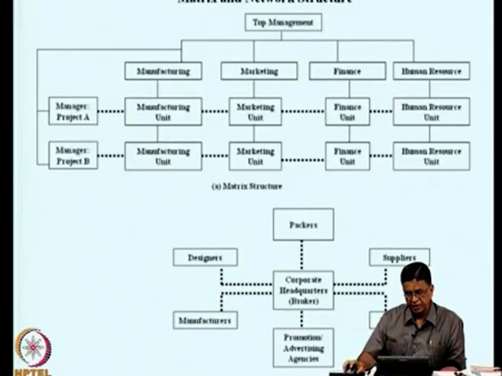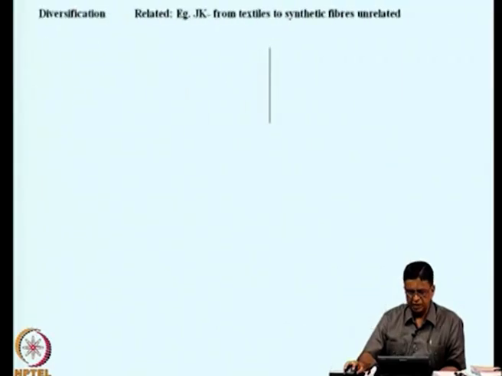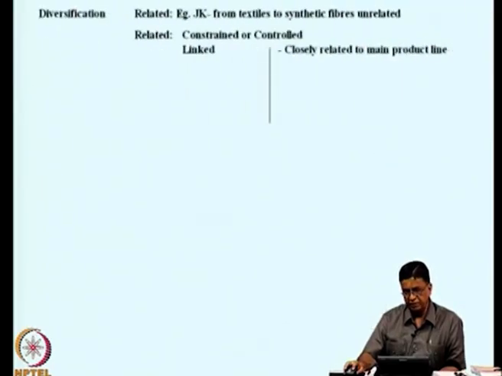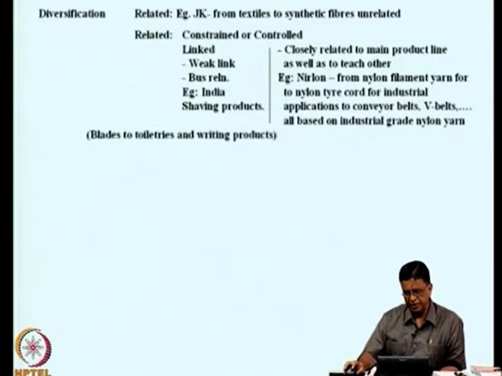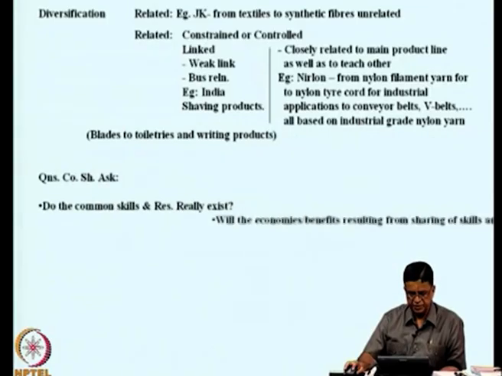We made a comparison between the two also, and we looked at diversification. We said it can be related, in related it can be constrained or controlled, and we looked at examples for this.